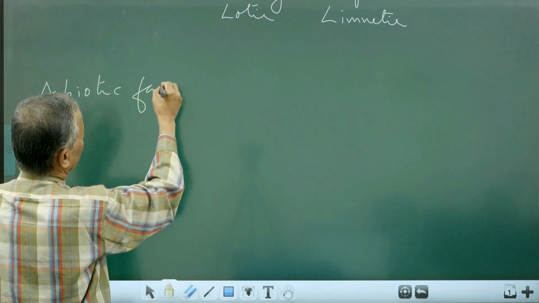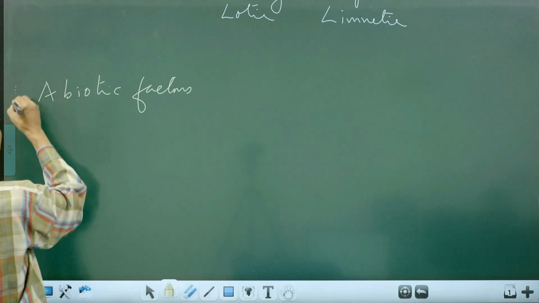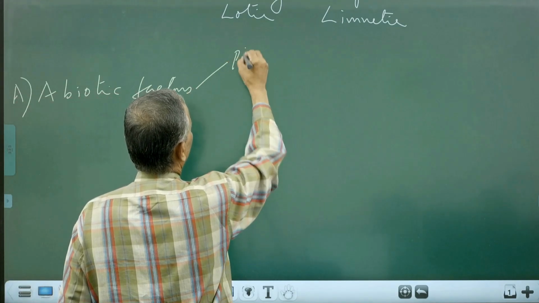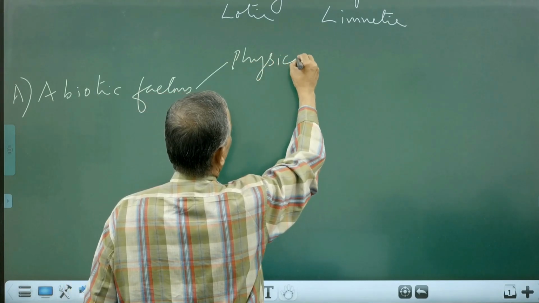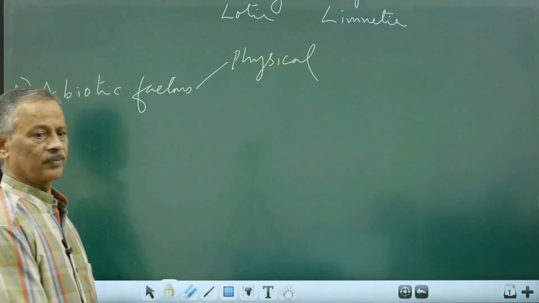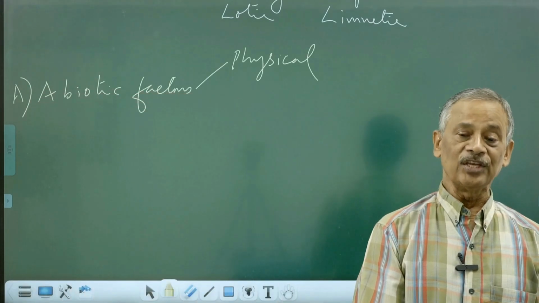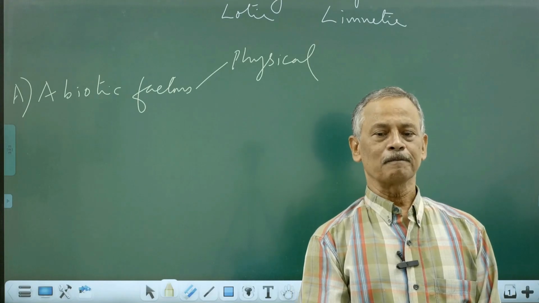Okay. These abiotic factors include physical parameters or physical features like light, heat, that is temperature, wind.